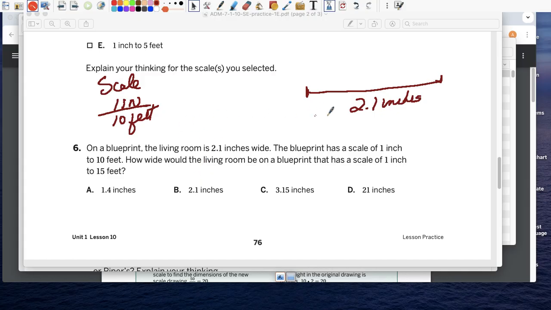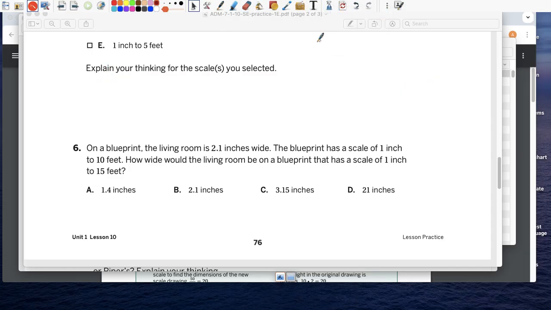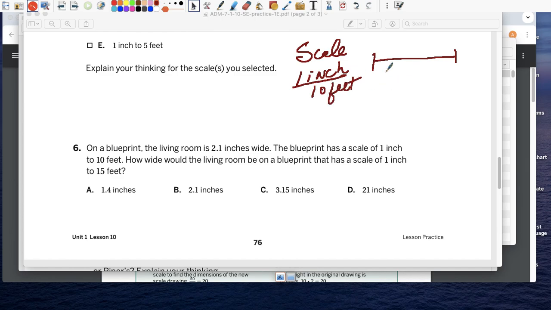Okay, so first of all, let's find out how wide. All right, so this is your drawing. So you, in your notebook, used the drawing, right? The width of your living room, and you wrote that I'm going to use a scale of 1 inch is 10 feet. And you drew it, and here's the width of your living room, and it was 2.1 inches.